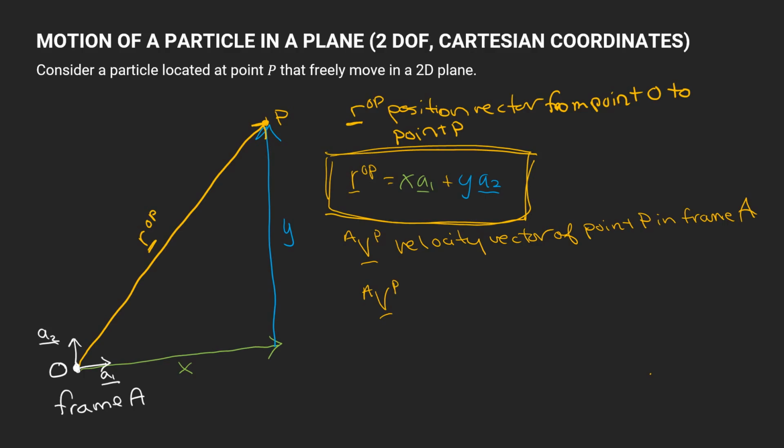So we have our velocity vector. We're going to take the time derivative d dt of ROP. And in terms of notation, I'm going to add an A up here right in this top corner, right by my writing of d dt, and that is to indicate that, in fact, our position vector is defined in frame A.